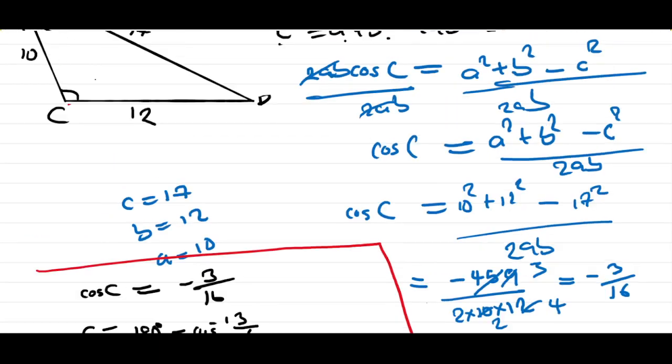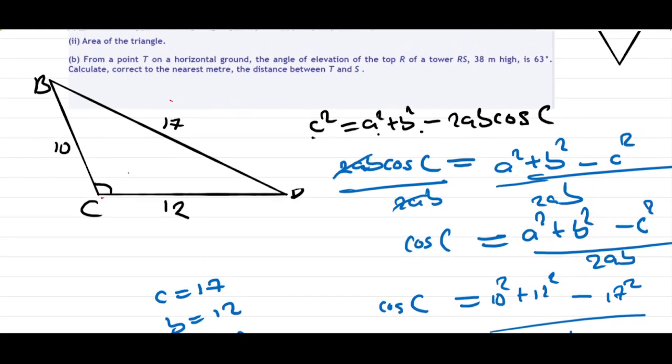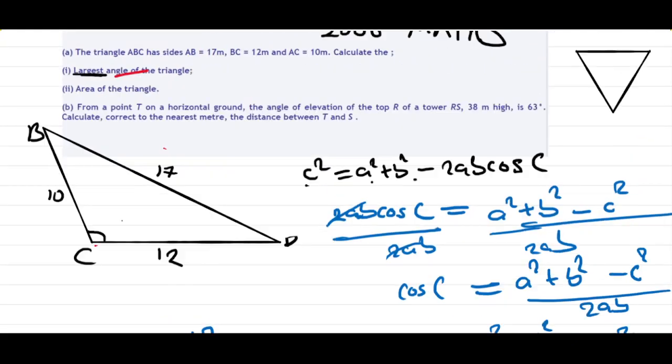So that is the value of the largest angle. Of course, you can see that it's greater than 90 degrees, so it's obtuse. It's not equal to 90, it's more than 90 degrees. So that is for the largest angle.